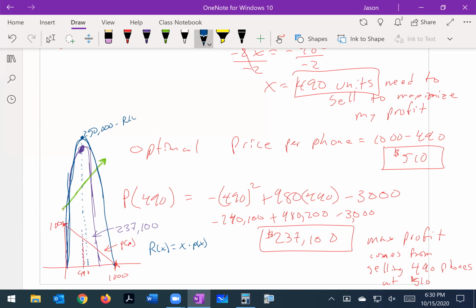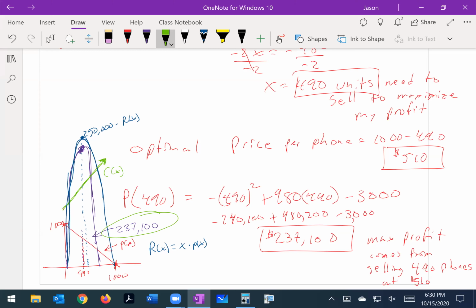That's the max revenue. But then we have to take into account the cost function as well, which is this green line. So we'd have to subtract the blue minus the green, the cost function. Then we would get this purple function, and we want to find its maximum. The purple function is the profit function.